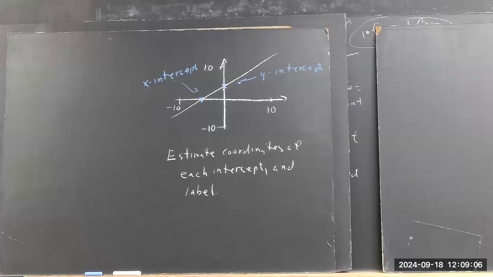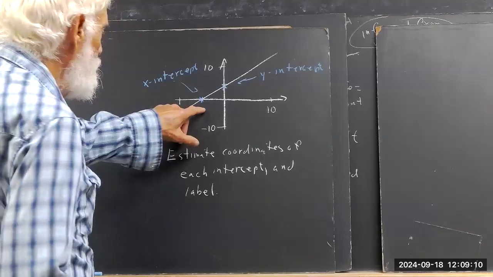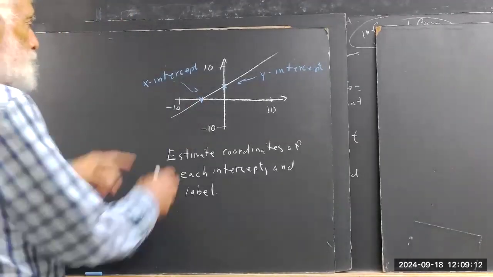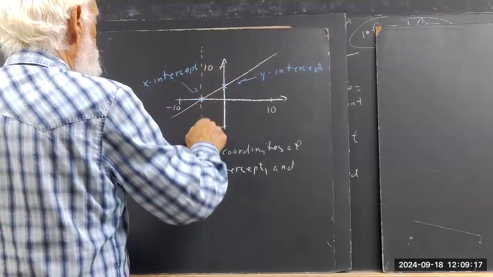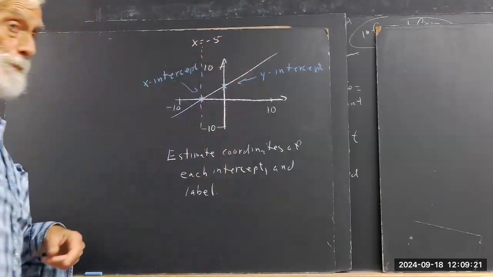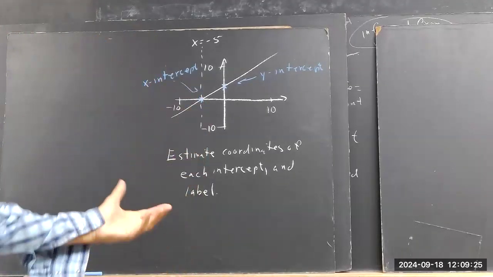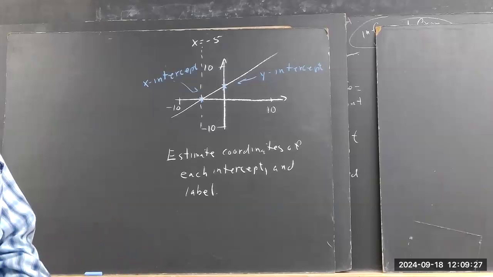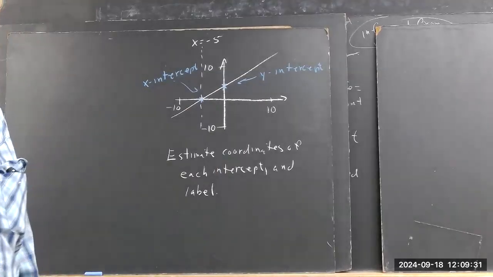Okay. So now according to what I see, this point's about halfway between here and here. And I'm going to actually go ahead and draw the line x equals -5. Now, if you think it's -7, if you think it's -4, okay, that's fine. The way you drew it, that might be right. As I said, I didn't expect a carbon copy of what I had.